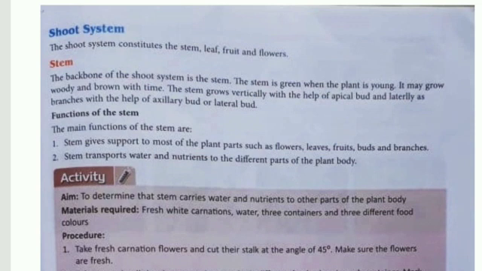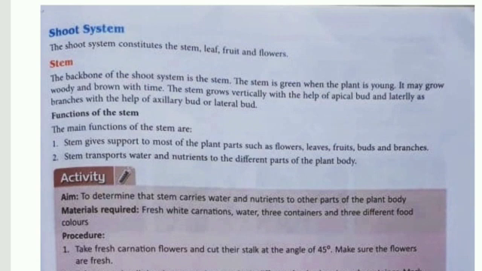Means when stem grows, the vertical growth, that is at the top of the stem, is called apical bud, which grows in size, and simultaneously there are some branches also arising laterally. These side branches arise from the parts that are called lateral bud or axillary bud, means side buds.